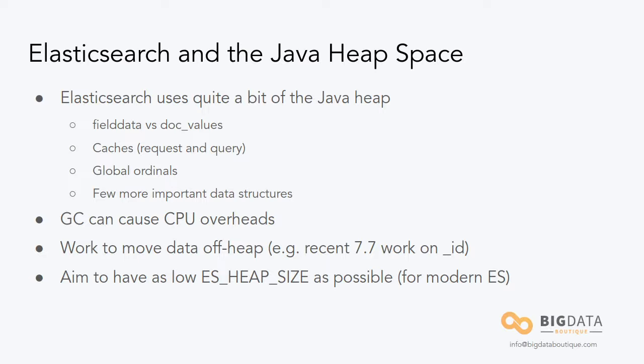So that would be one thing to note, and one thing that actually damages a lot of clusters. So if you're seeing out of memory errors in your nodes and things like that, that could be the issue.